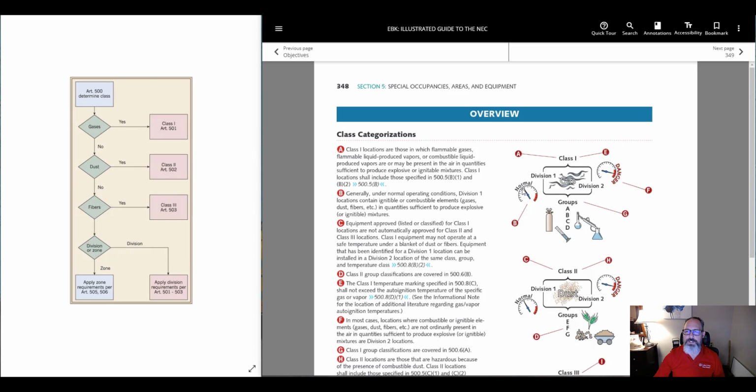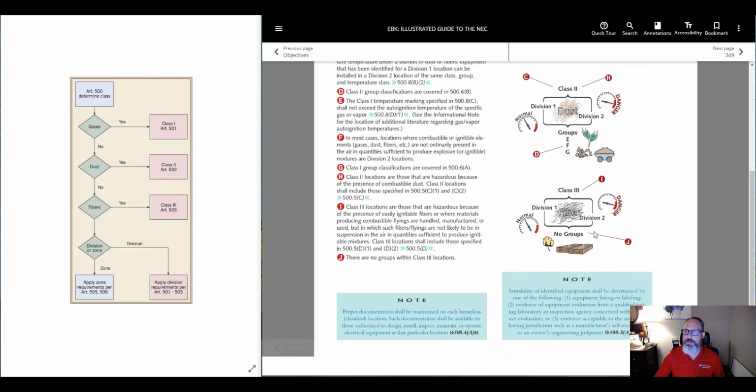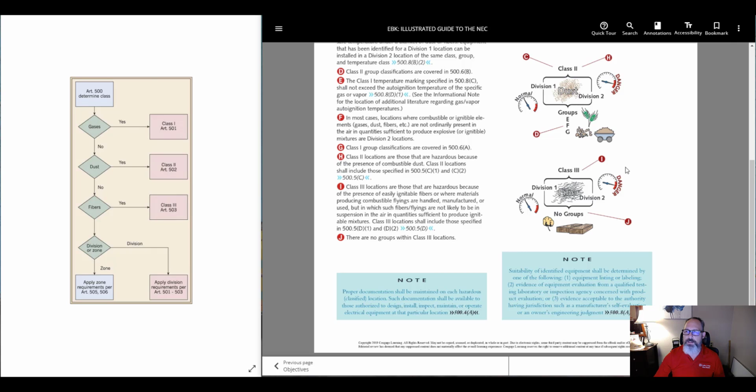Now, the way they use it is normal here in Division 1, which is the normal situation, but it's the most dangerous in the normal. So this is a little bit confusing, but you can go through here and you can see everything we just talked about in that previous table that I showed you.